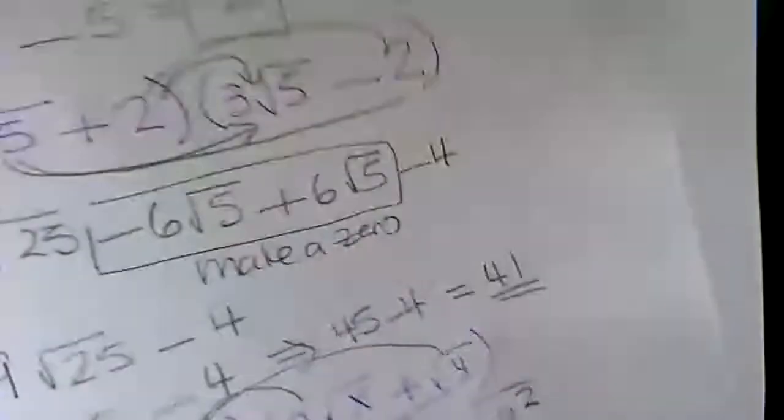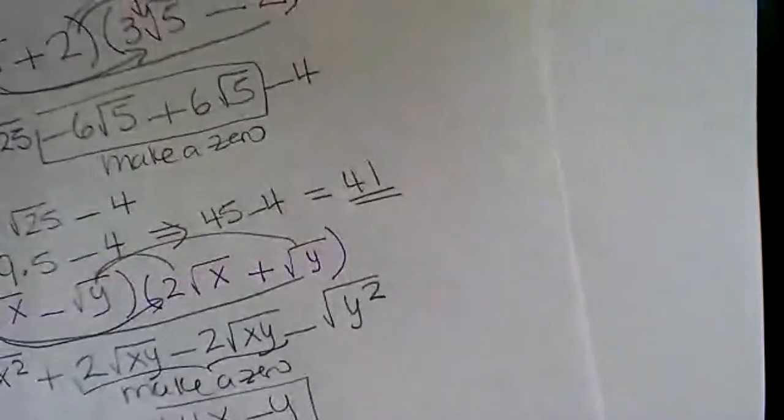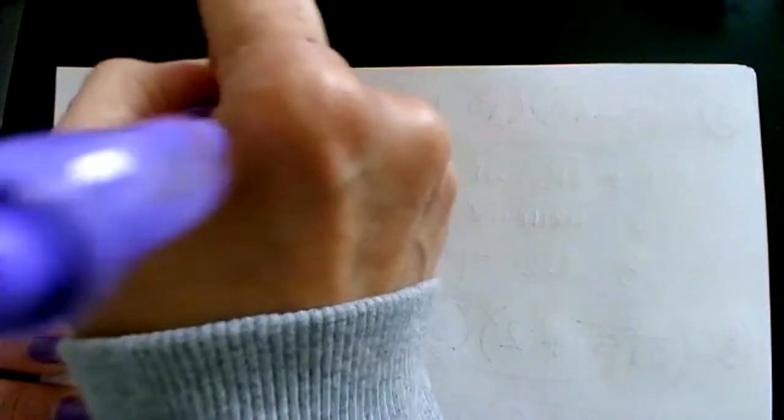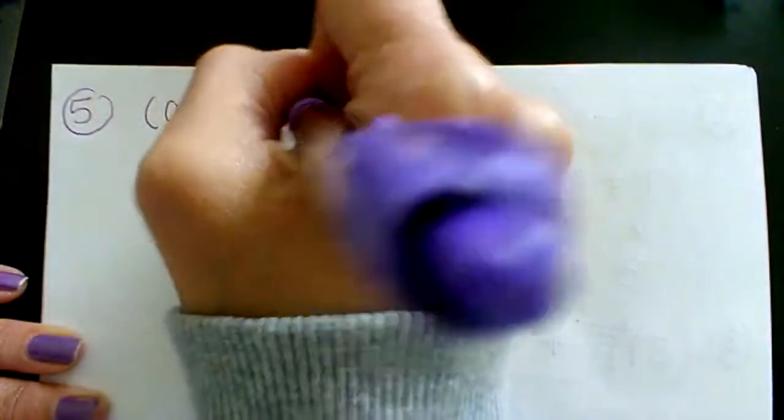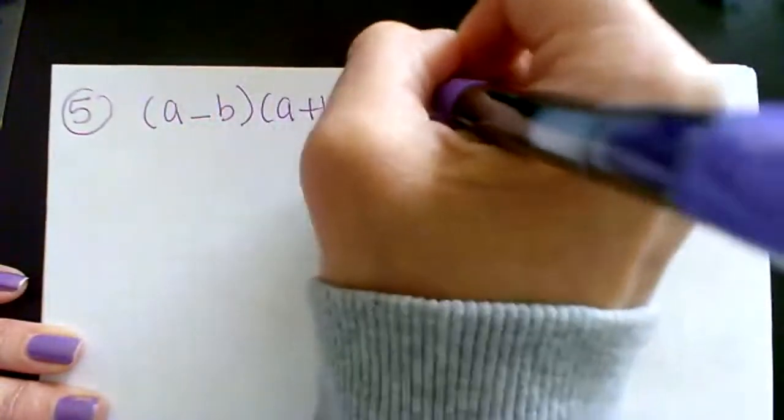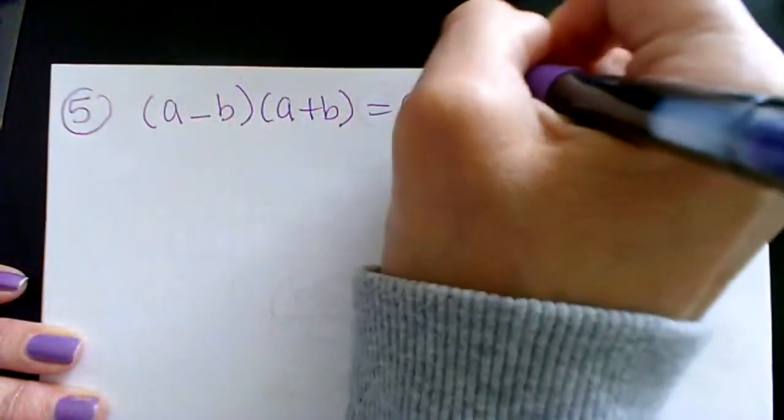So now we use the pattern that they have there. What number was this one? 4, 5. If we multiply using the product of conjugates pattern, which is a minus b times a plus b, is a squared minus b squared.